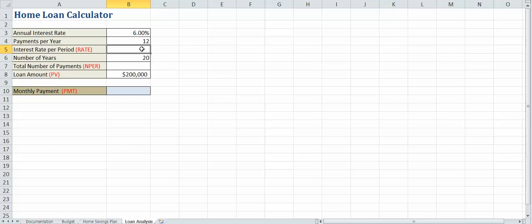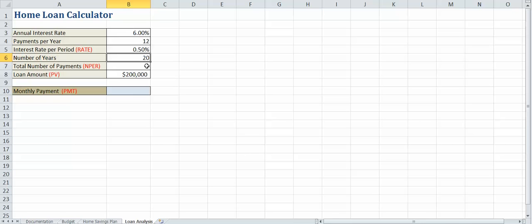So what we need to do is divide this by 12. So I'm going to enter a quick formula where I'm going to divide the 6% by 12 for 12 months, and that comes out to be 0.5% per month.